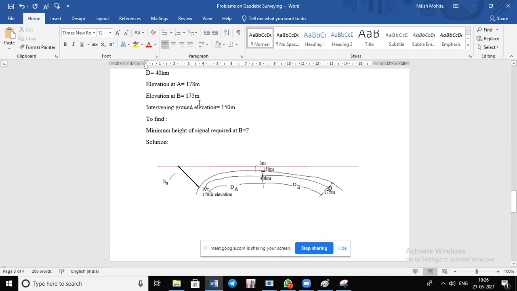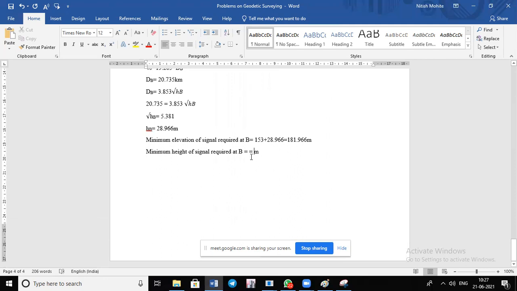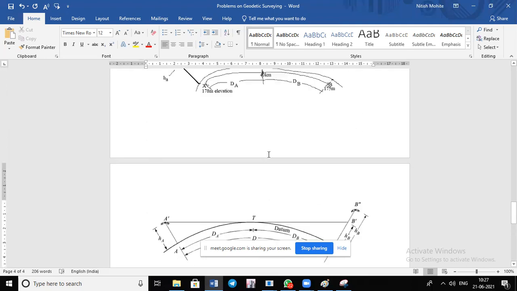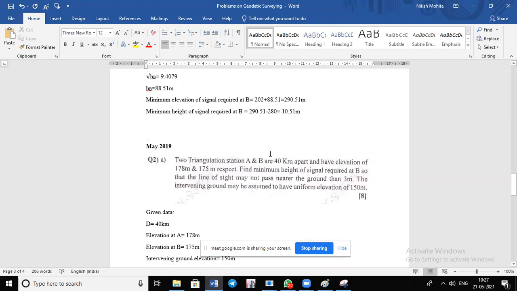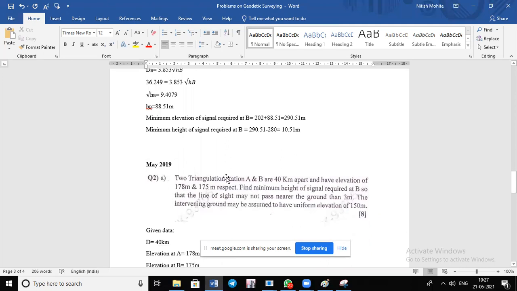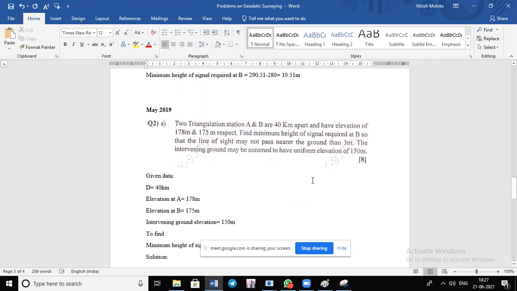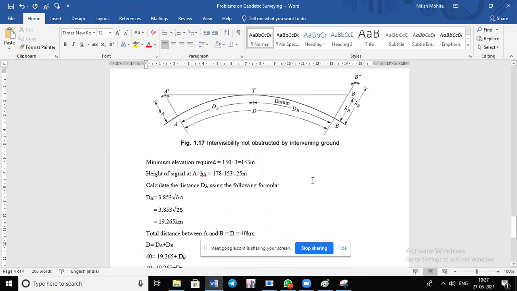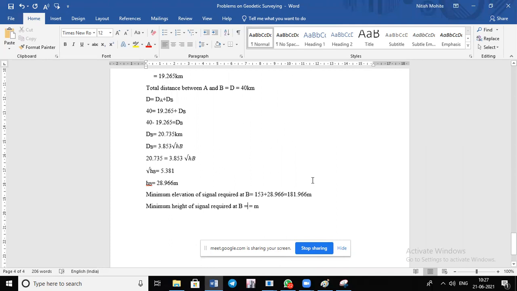So the difference between them is nothing but the extra height required, that is the minimum height of signal required at B. It is coming out to be more, so we are just going to deduct it from the available height. 175 is available there, and we are getting 181.966.